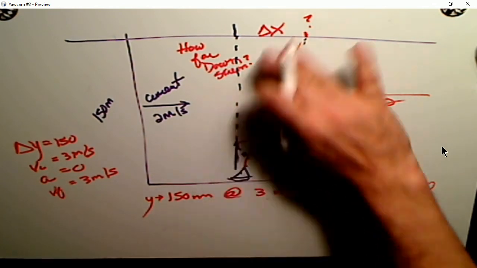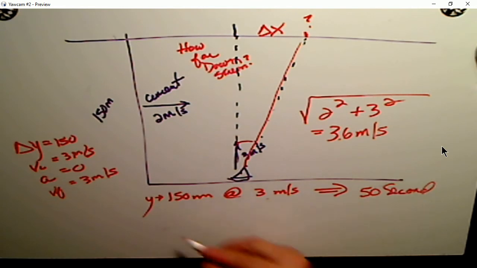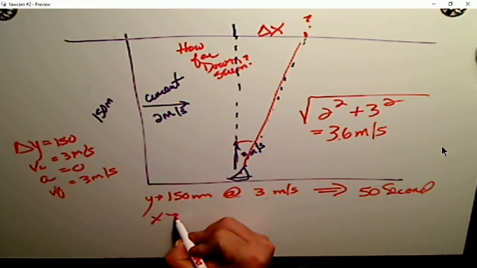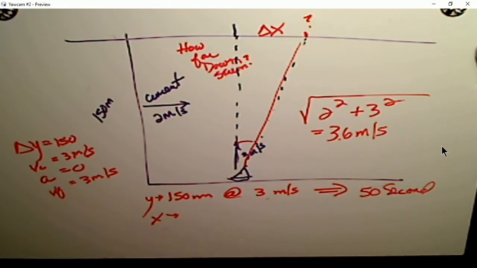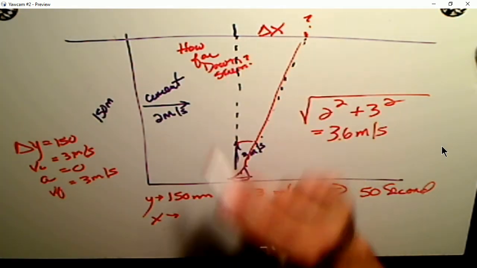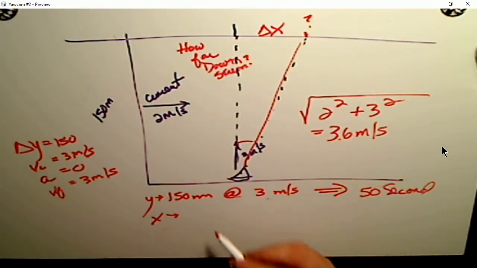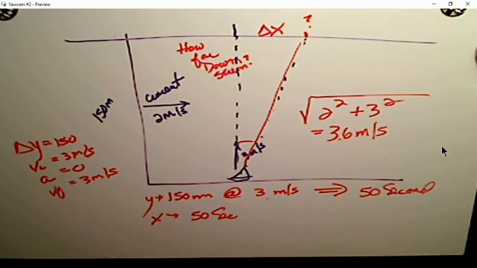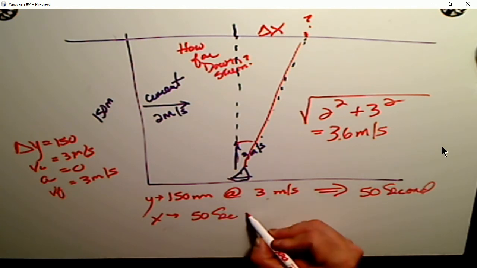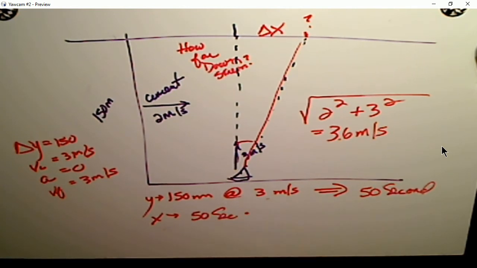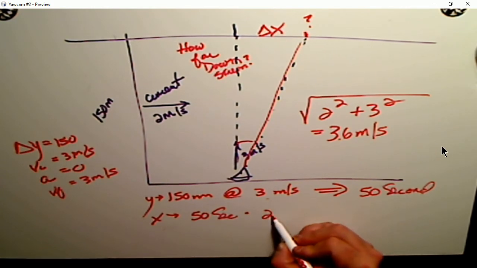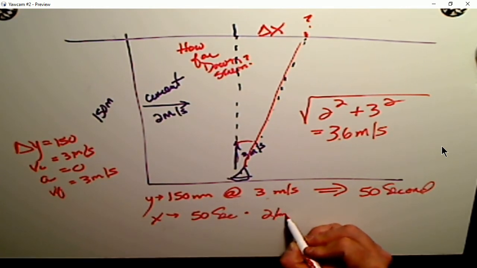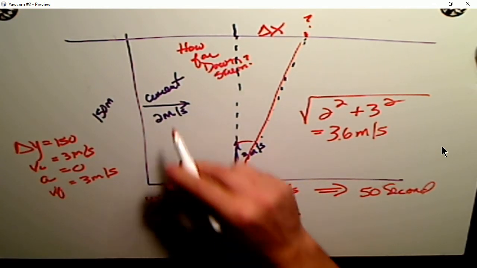But what I want is in the x direction. Well, in the x, what's happening? To figure out how much downstream in the x, I know I'm going to do that in 50 seconds, and I'm doing that at 2 meters per second because of the current.